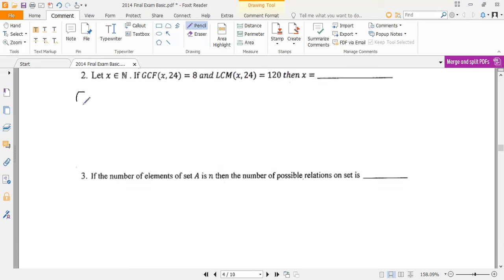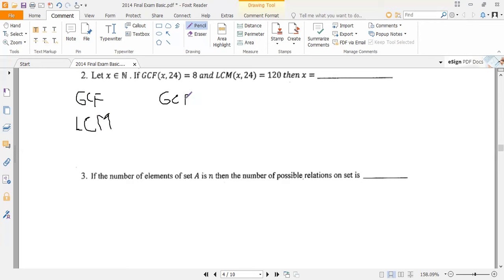Now we have the greatest common factor and the least common multiple, and one property in relation to them.